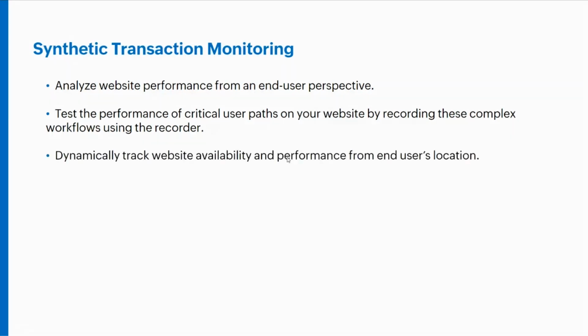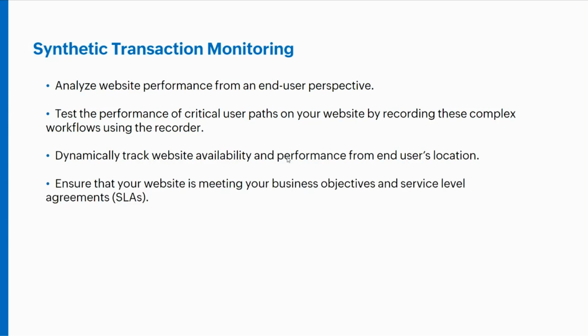One of the main advantages of synthetic monitoring is that it can dynamically track website availability and performance from your user's location. Meeting SLAs can be an important objective for many business owners, and synthetic transaction monitoring helps you verify if these SLAs are met. It basically gives you a line of sight on service level agreements.